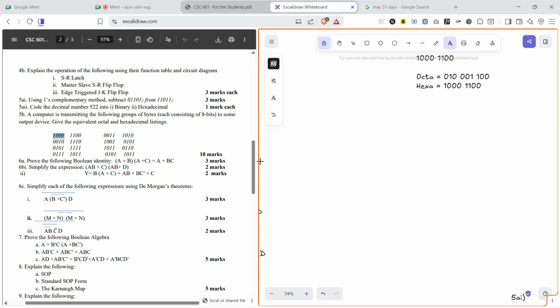So this part is A plus B into A plus C. If you multiply this, this would be A dot A plus A dot C plus AB plus BC.